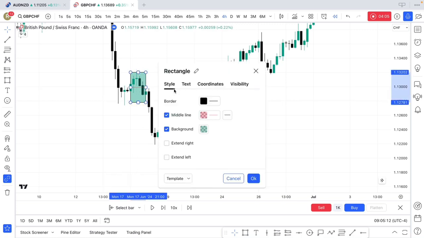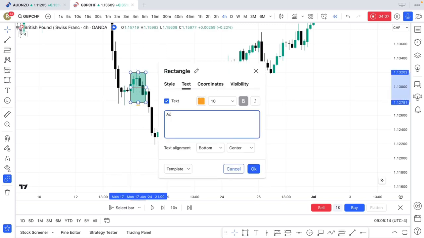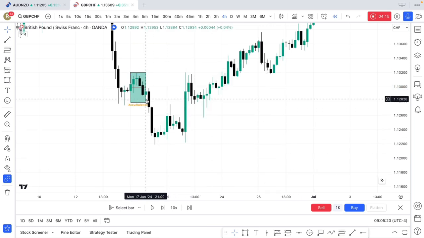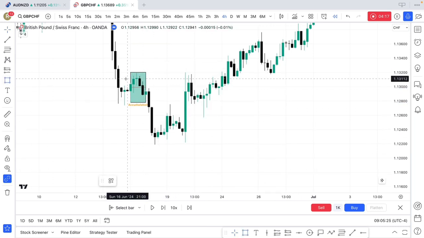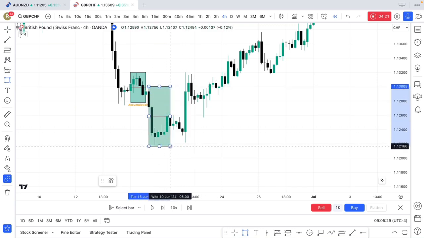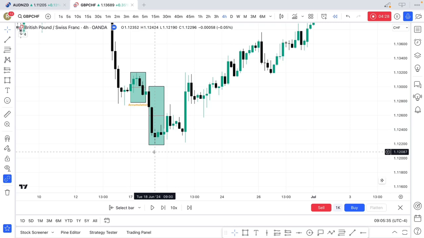So this is accumulation. And when it comes to do what? A manipulation here. But this is a manipulation here.